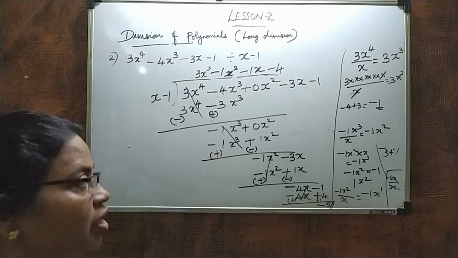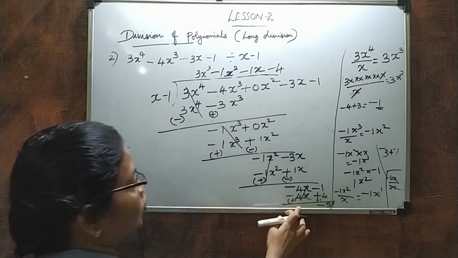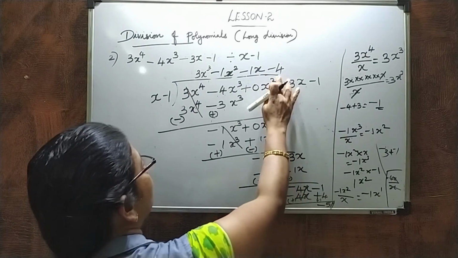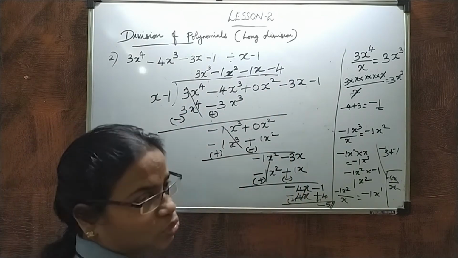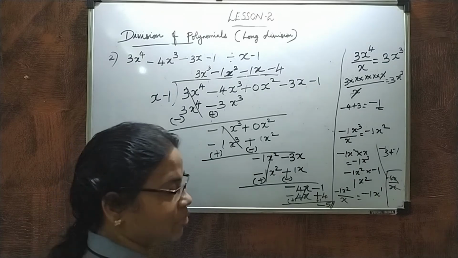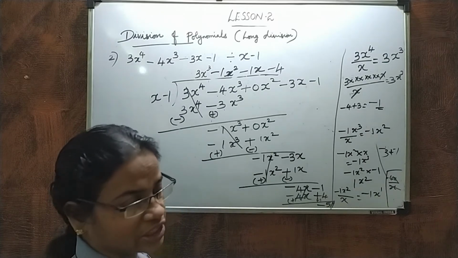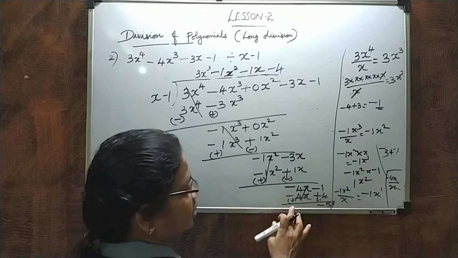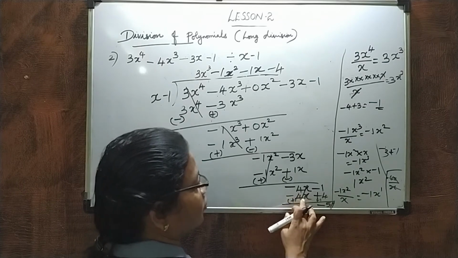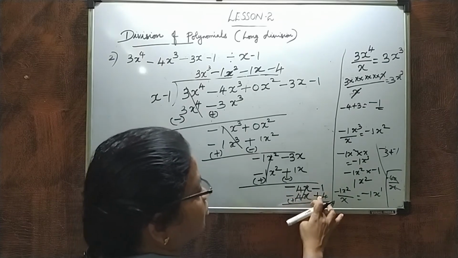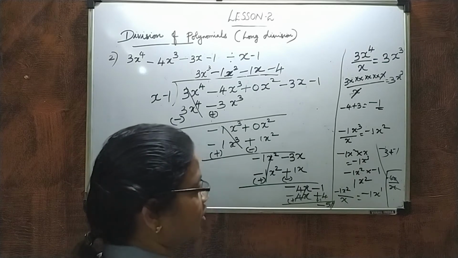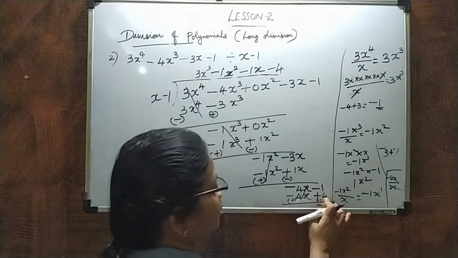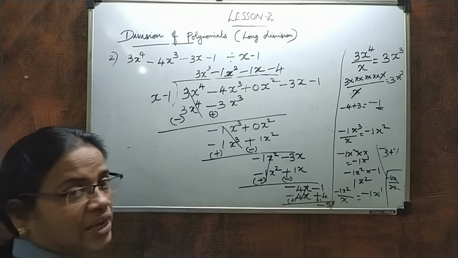Again you have to multiply. Negative 4 into x, negative 4x. Negative 4 into negative 1, positive 4. Then multiplication completed. Subtraction, take the additive inverse and add. Take the additive inverse, it is negative 4x plus 4x. Here plus 4x minus 4. And here negative 1 plus negative 4, you will get the answer negative 5.